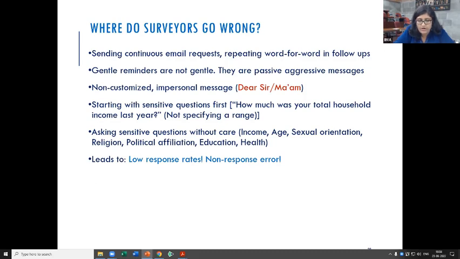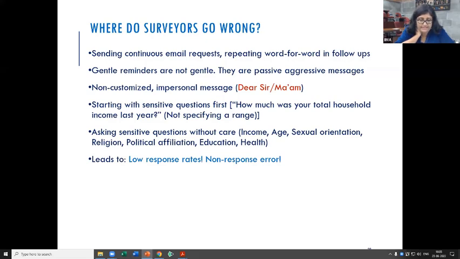Then again, you send a non-customized impersonal message, like dear sir or ma'am. There's a better way of addressing someone than sir and ma'am, right? Dear faculty member, or dear IISM community member, or dear PhD student. See if you can make your greeting or your salutation gender neutral.